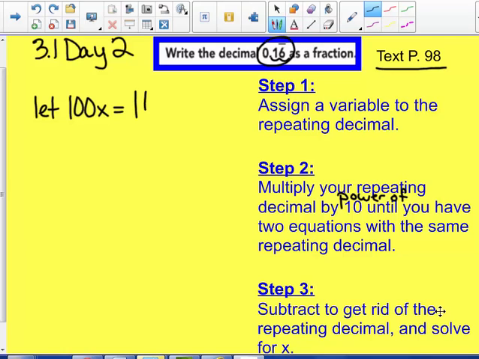So it's going to be 16 decimal point 666666666, like the Energizer Bunny, it keeps going. So 100 times this decimal gives me 16.66666. I want just the repeating parts to line up.